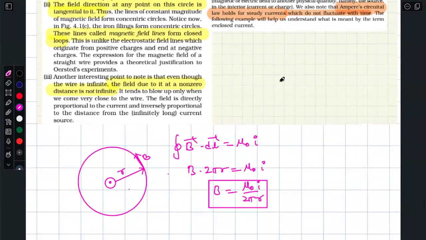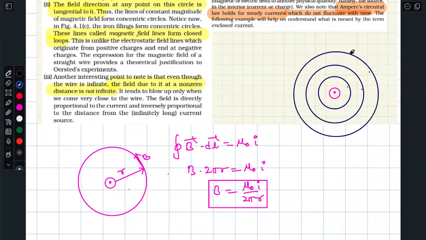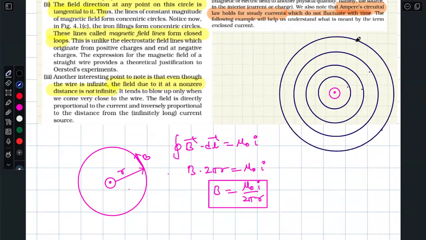So what is the meaning? For example, if this is an outward current carrying conductor, how are the magnetic field lines? This is how the magnetic field lines are. Concentric circles. Sir, I want the field at this point.